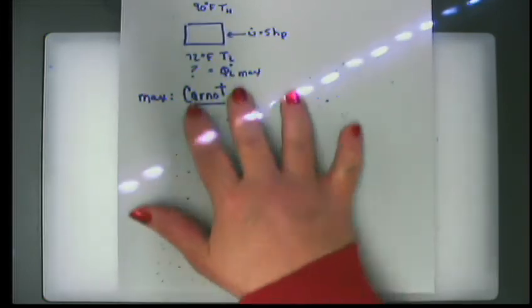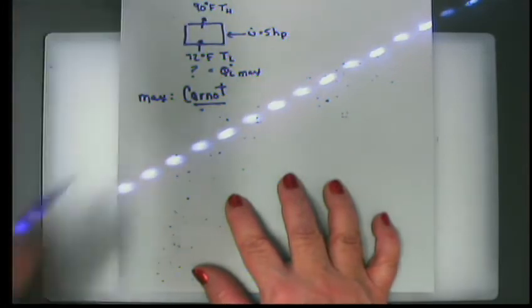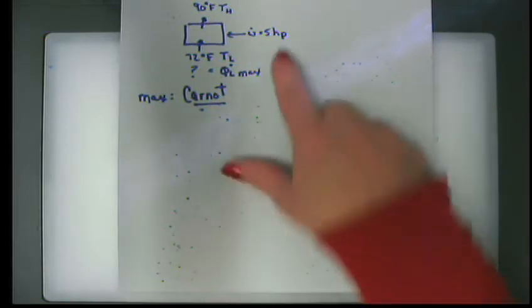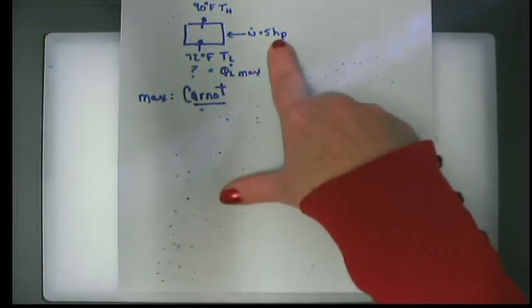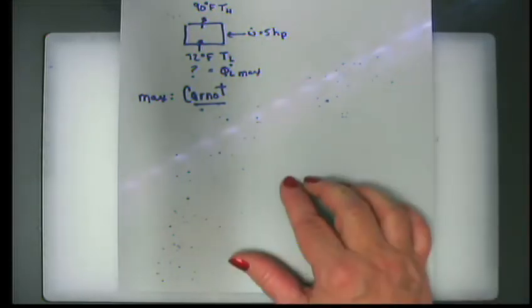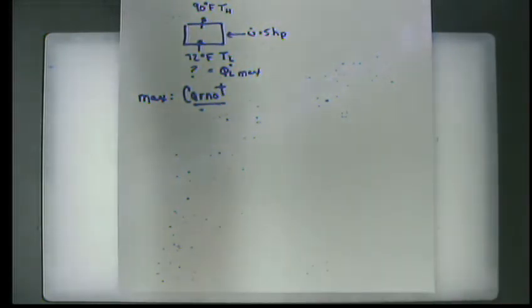So what we're doing is we're saying this is a Carnot cycle. We're sucking heat out of the house and pushing it into the ambient outside, and we're doing so by using a 5 horsepower compressor, taking 5 horsepower of power going in. Now obviously we're going to remove heat less efficiently than a Carnot cycle, but we're talking about what is the max.